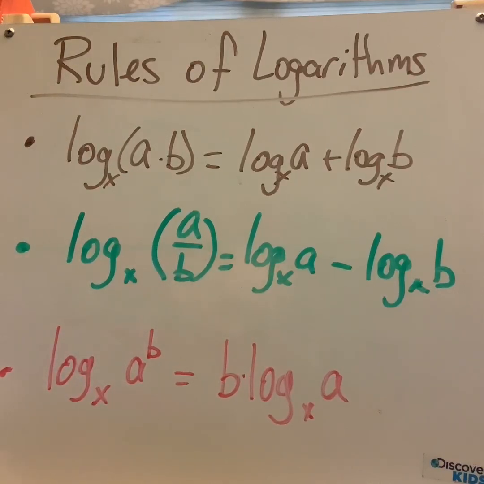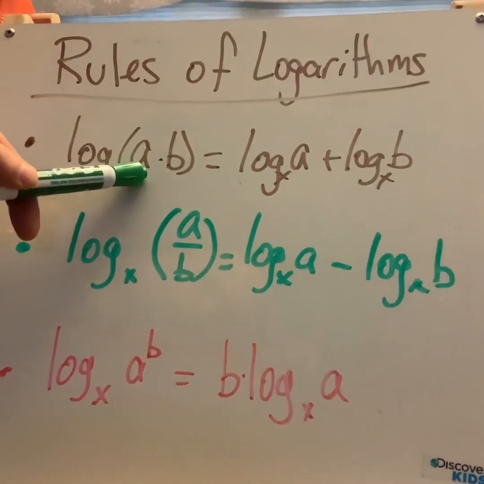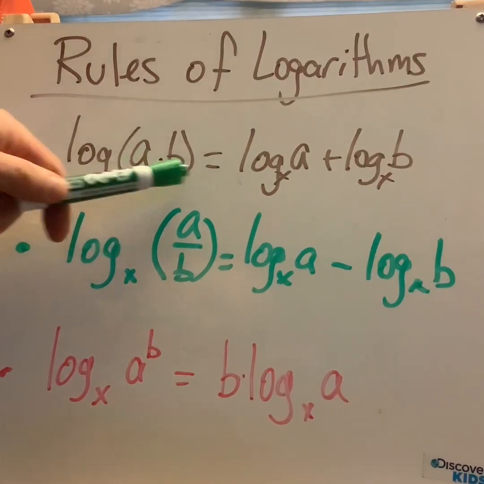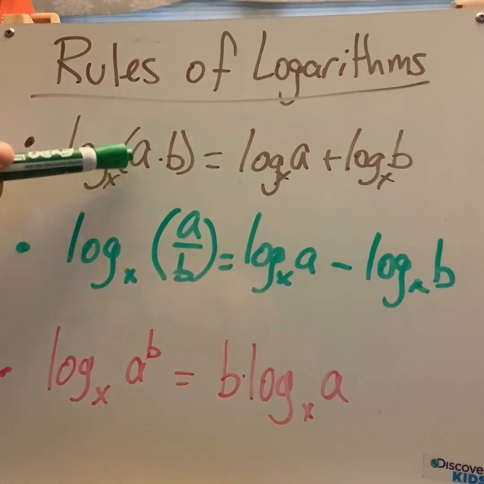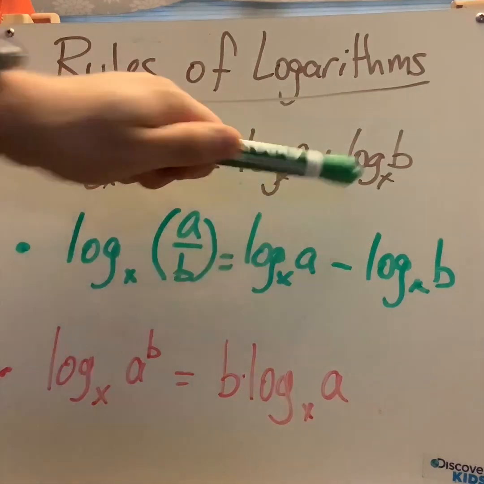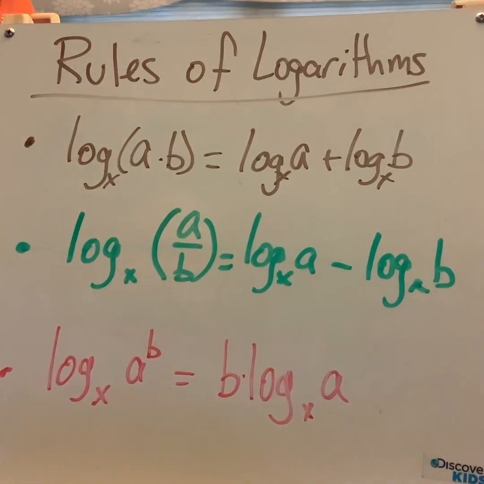It's the same thing as if we are multiplying exponential expressions with a common base. You combine them to one exponential expression and add the exponents. So here's the link. We're multiplying, and with exponents, multiplication means we're adding. So we can break this up into the log base x of a plus the log base x of b. So that's the first rule of logarithms.